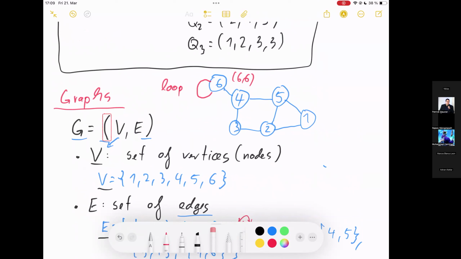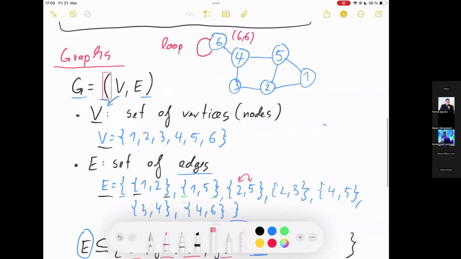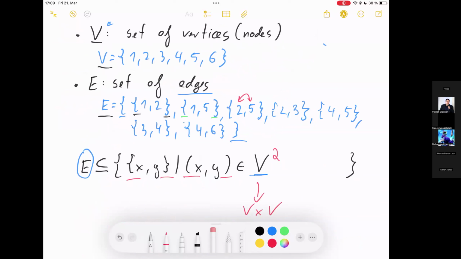But in our initial graph definition, we don't want to allow loops. We will only allow them later. So I need to add something, and I must say x, y is from V squared, but x and y must be different. So we're adding this and say x must be different to y.